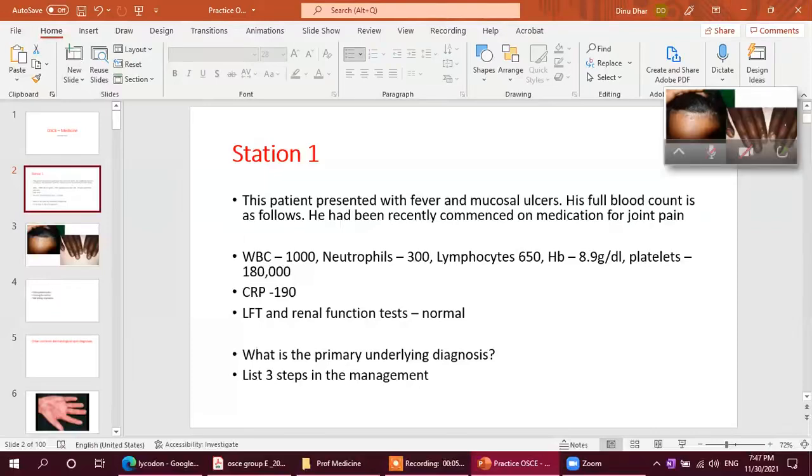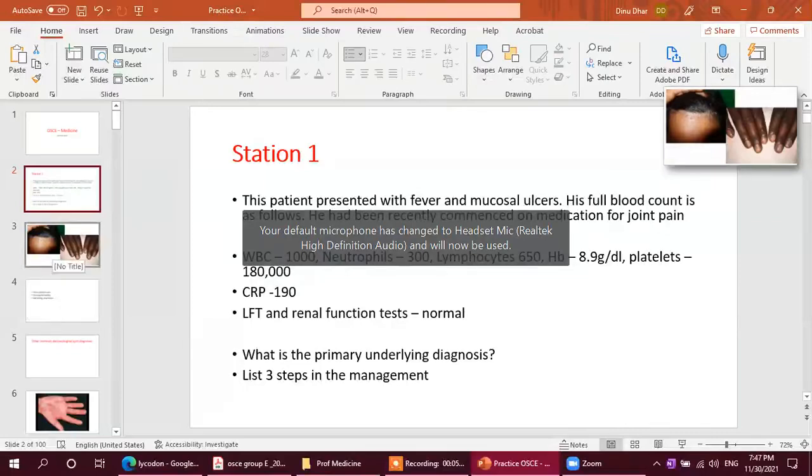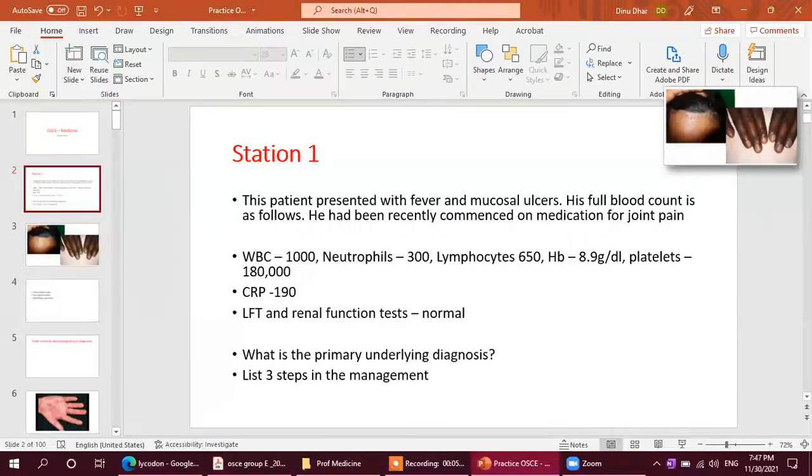So the picture that we see is clearly that of neutropenia. What is the medication you might give a patient with psoriasis who has joint involvement, which can cause a low white count, low neutrophil count, and can have secondary infections?